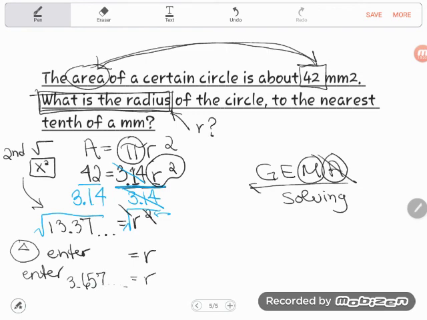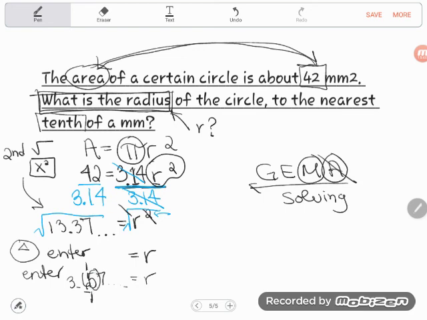I'll write it down. Now let's go back and see if we have any rounding directions. It says, what is the radius of the circle to the nearest tenth of a millimeter? Okay, the nearest tenths are the first decimal place, or the first number after the decimal place here. So that's my tenths place. I'm going to cut it right after the tenths place and consider the next number, the one I'm about to throw away.